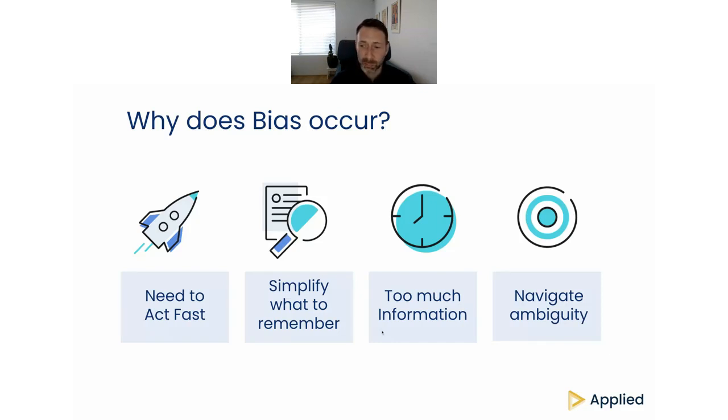The next one is too much information. So if someone has a really long CV or extensive cover letter, you're going to pick and choose the bits of information that you're going to remember because it's just too much to process. And the last one is navigating ambiguity.